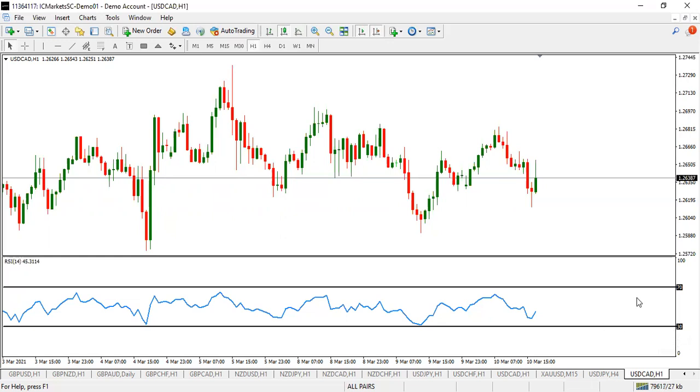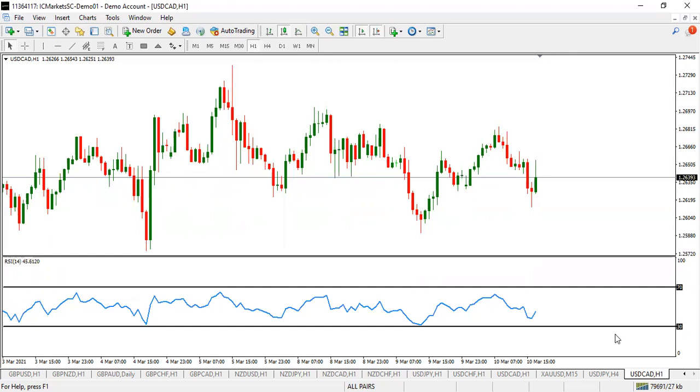What does this mean? Overbought means that a lot of buyers have come into the market. That is what it means by overbought. And oversold means that a lot of sellers have come into the market, which means many people are selling at that particular time.